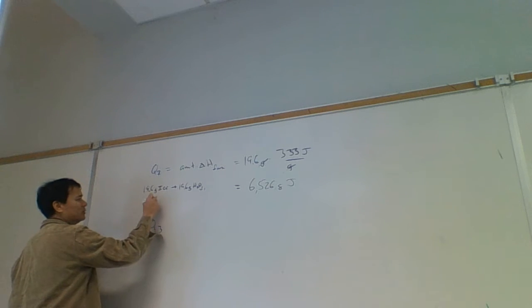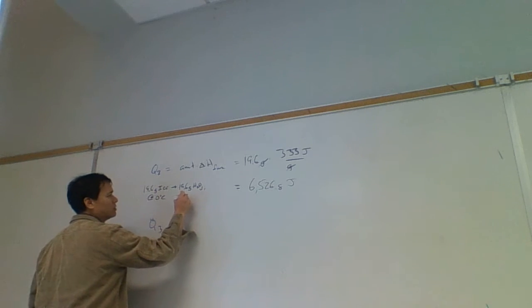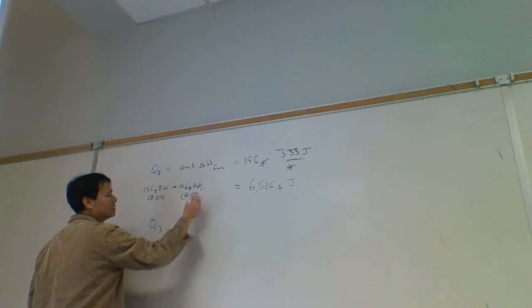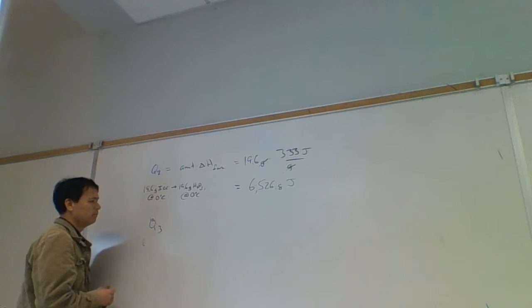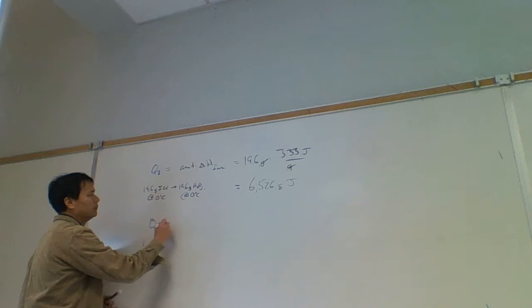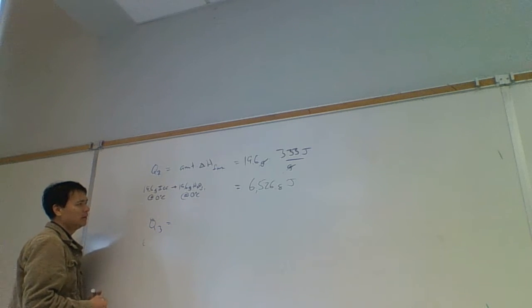This is ice at 0 degrees C, and we're going to have 19.6 grams of H2O liquid at 0 degrees C. So the temperature doesn't change here. Again, all the energy is being used to melt. But once it's all melted, then that energy can be used to increase the temperature.